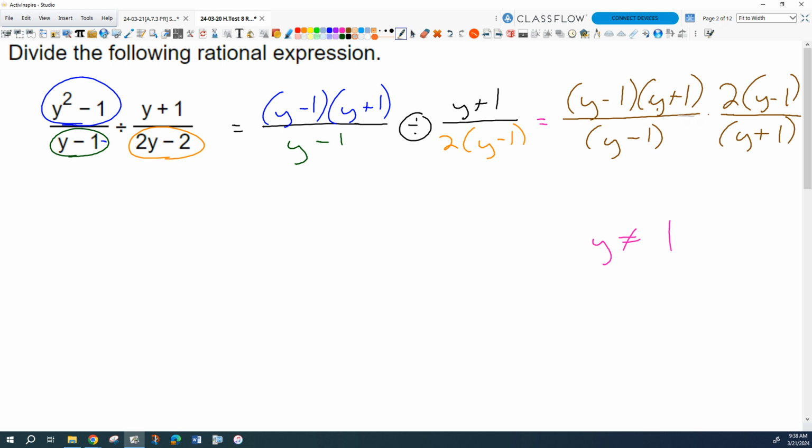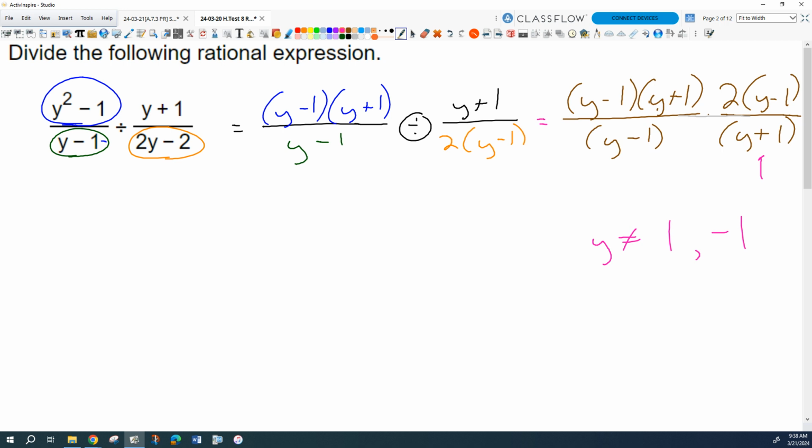And now we can just extend our division bar and multiply. Okay? So at this point, now what do we get to do? Add to exclusions. Very good. So what do we add to our exclusions here? Negative 1, exactly. Because of that one, right? Okay, we've got our exclusion list done. So now what?